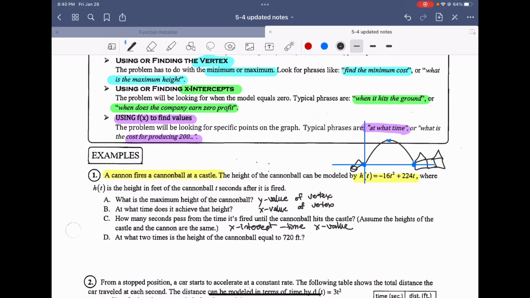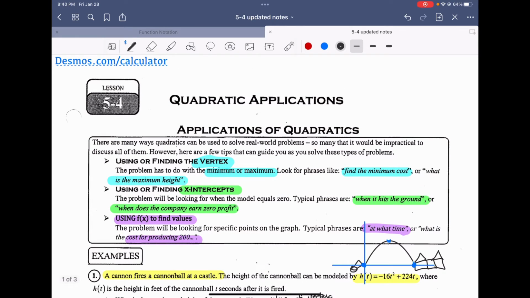So what I want you to do is on a computer, on your Chromebook, and I think you can do it on a phone too, you're going to go to desmos.com/calculator. So type that into a search bar.